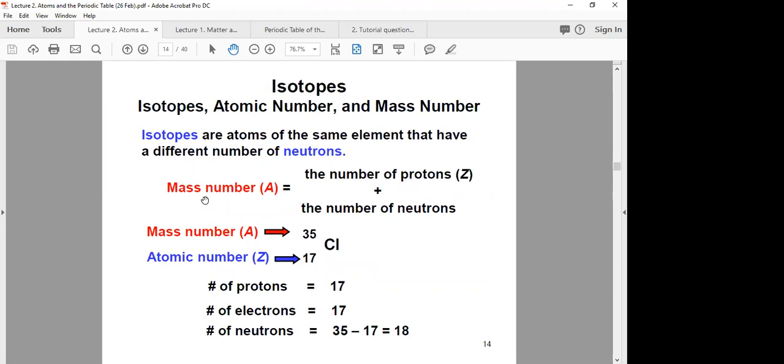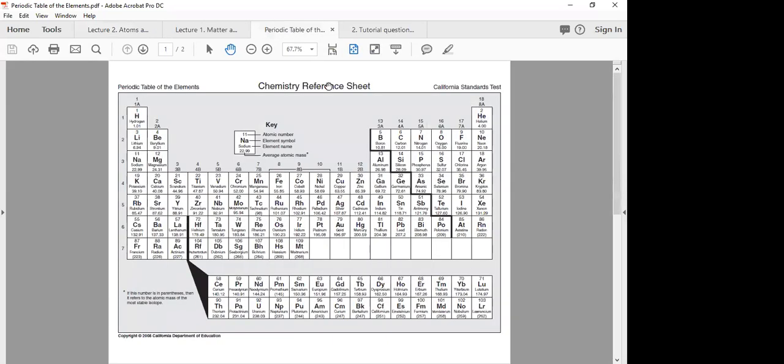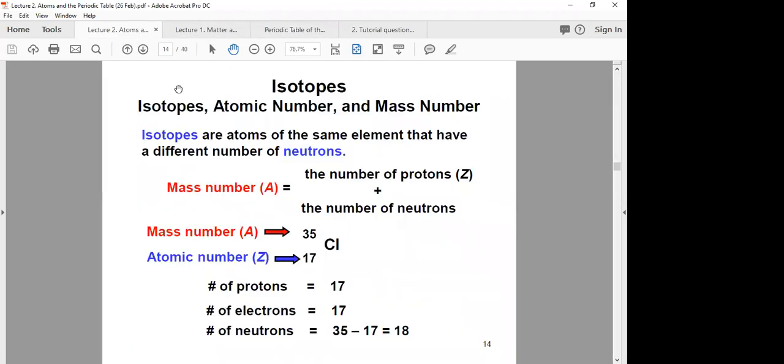Now if you were to look at your periodic table of the elements, let's have a look because I've got it right here. I want you to look at this one here, element number 17, chlorine, and have a look at this number down here, 35.45. Let's keep that in mind, 35.45.